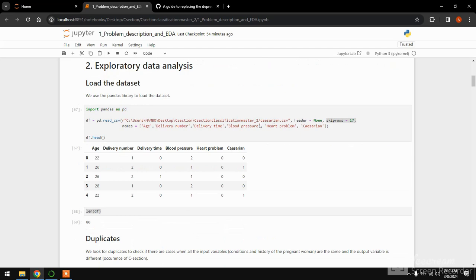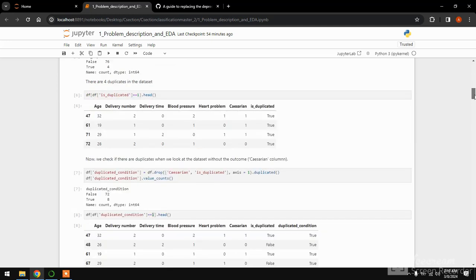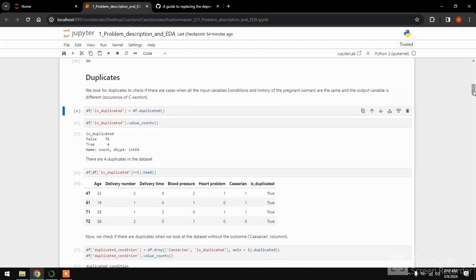We need to see how many of them we have, because we need to randomize and take values from different people, so that we can have a better classification of our model.